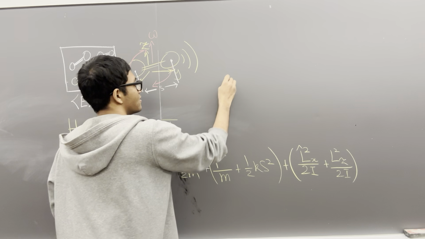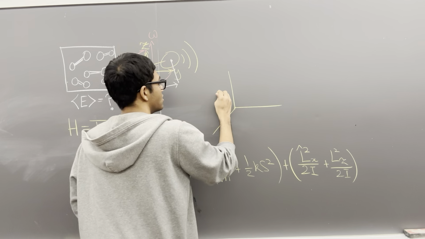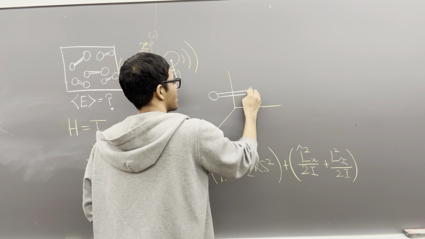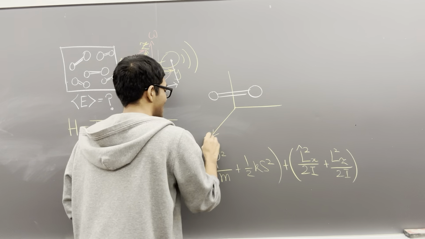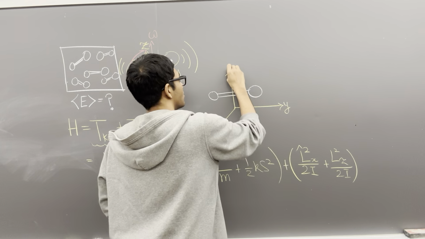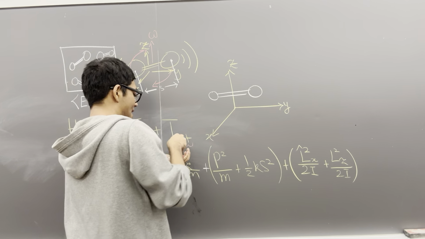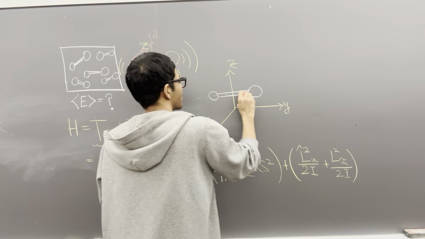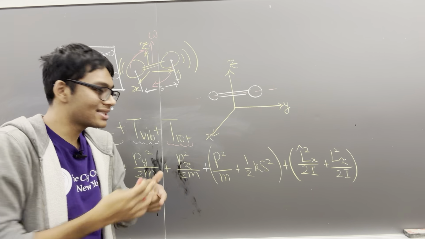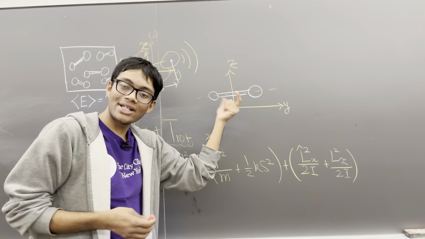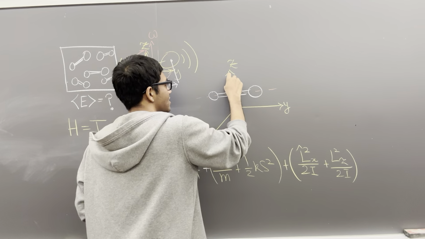If I draw my rotor, or my diatomic molecule, in three dimensions, what do I notice? Well, I notice that it can rotate along this axis, right? This is the bonding axis of my diatomic molecule. Now, along this axis, there is no moment of inertia. This is the axis that this thing rotates around. So there's only two axes that we consider for the moment of inertia.